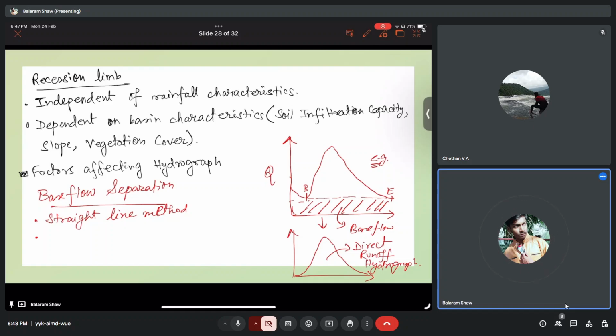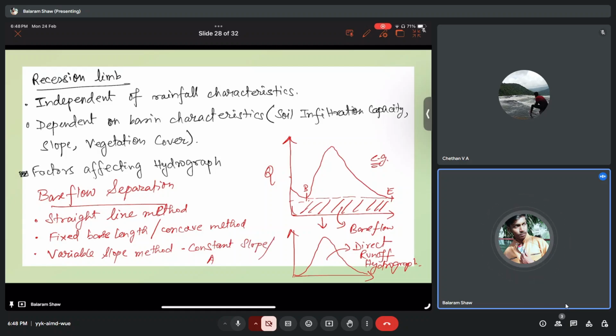Next we had the fixed base length or concave method, right? Then we had the variable slope method. We have seen all these methods, so I'm not going into the detail of the methods. And then the constant slope, or let's say constant area method.